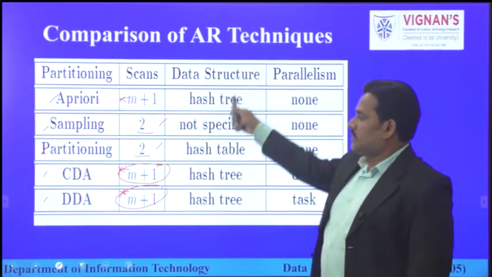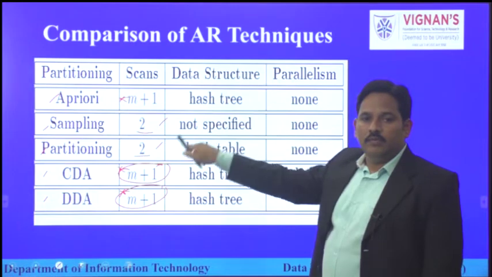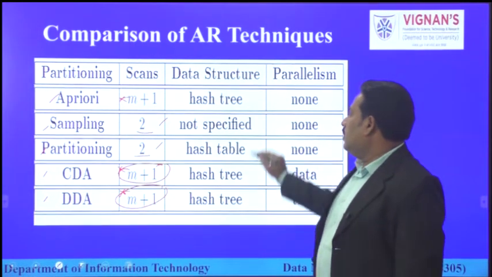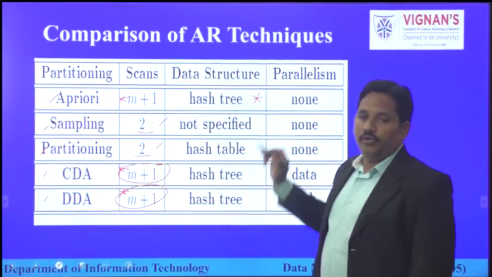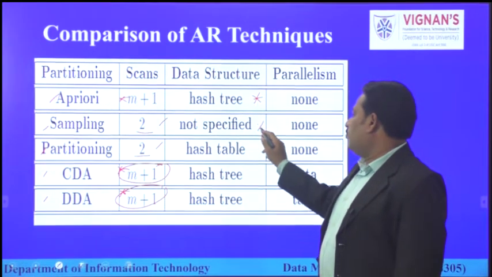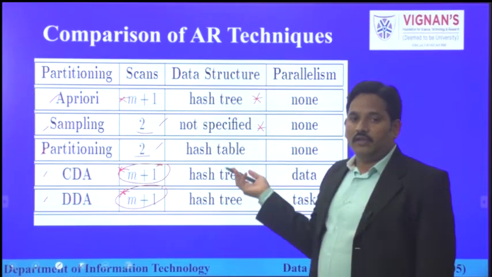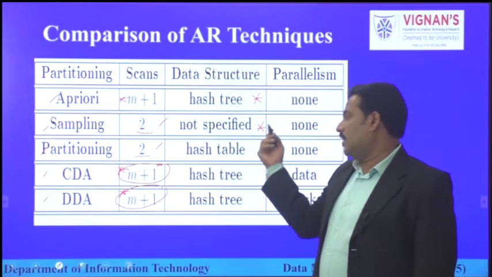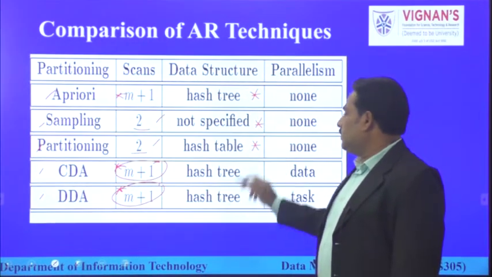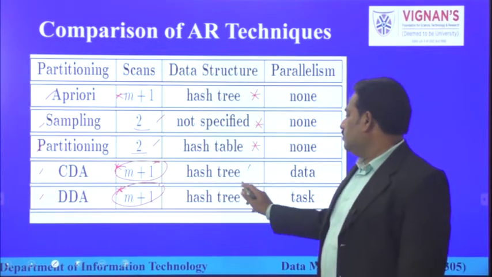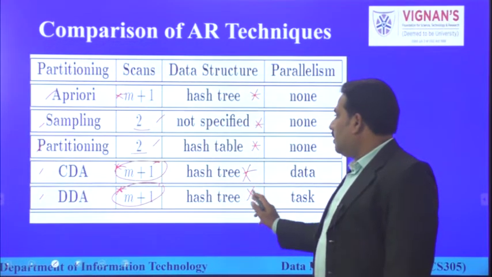Regarding the data structure used in implementing these algorithms, a hash tree is used in a priori. Sampling is not specified because it is not architecture related, it is only a selection of the data. Partitioning is done based on a hash table, and the remaining CDA and DDA use a hash tree.